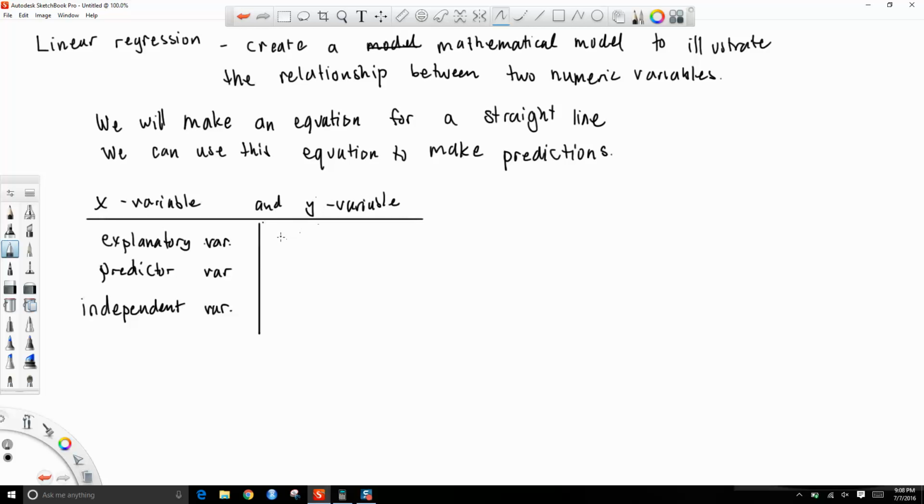And the y variable might be called the response variable, the predicted variable, or the dependent variable.